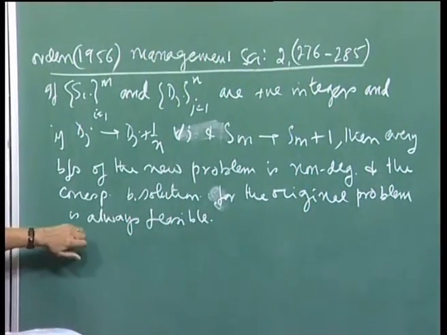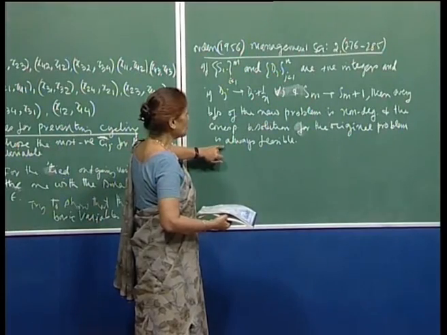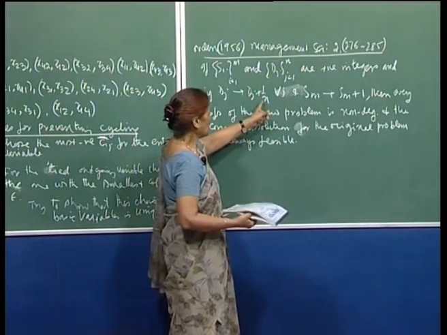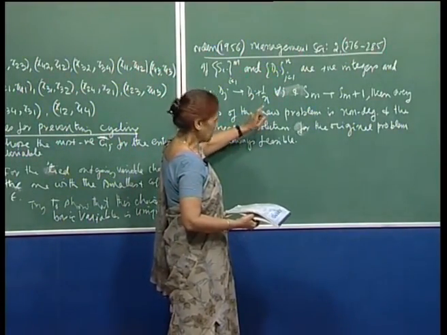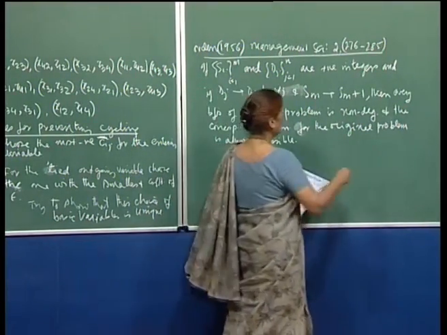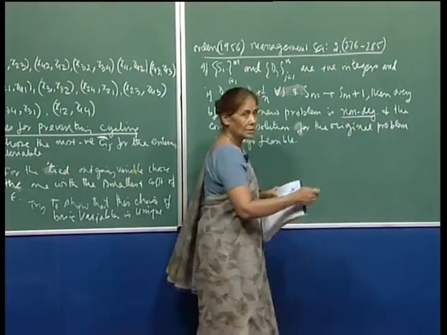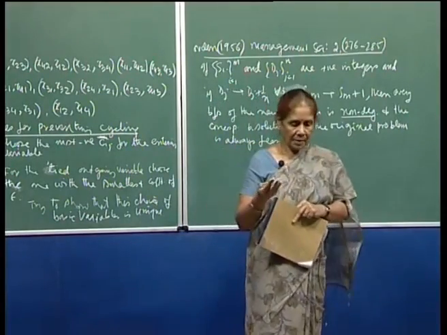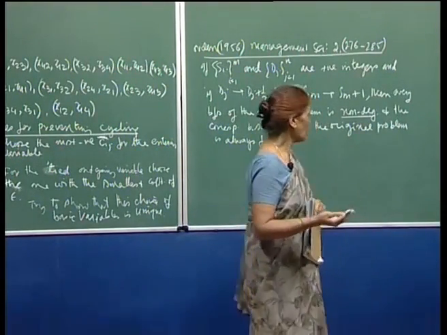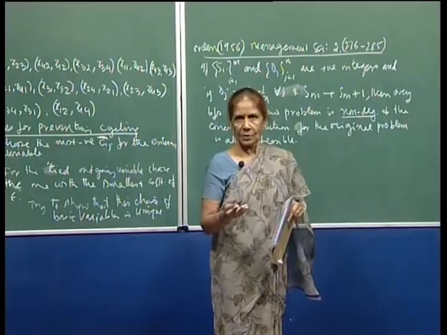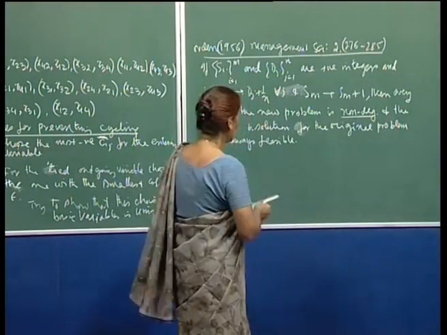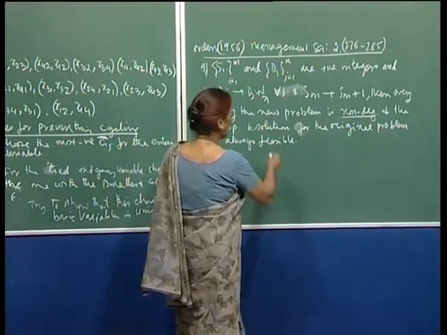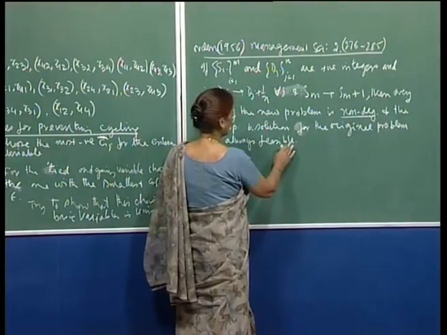At each iteration you will be getting a non-degenerate solution. That means none of your basic variables will become 0. So, this is important. If you can maintain non-degeneracy all the time, then there is no question of cycling, so it prevents cycling, and the original problem will always be feasible.